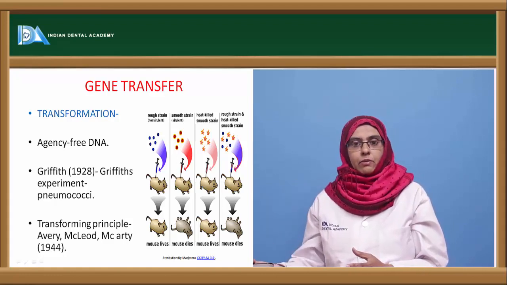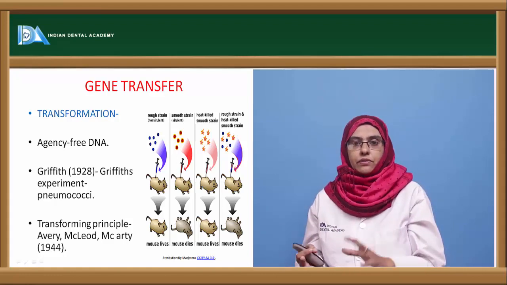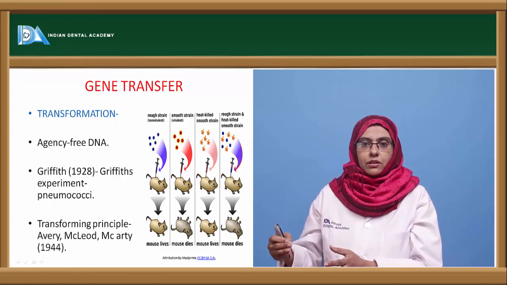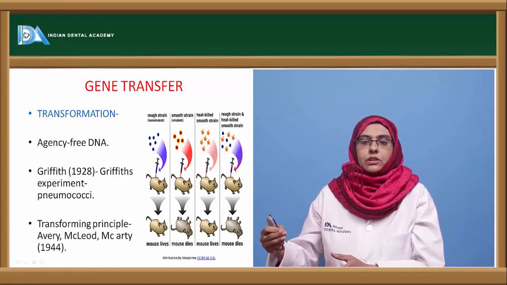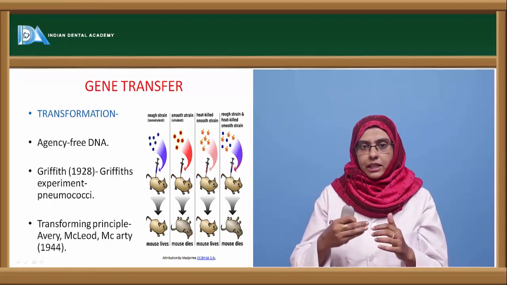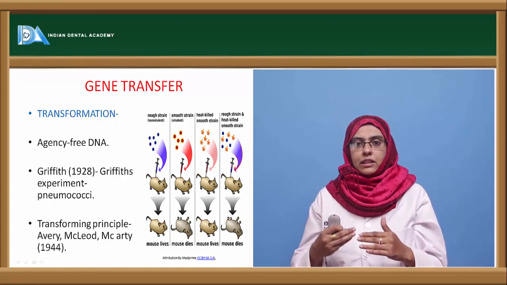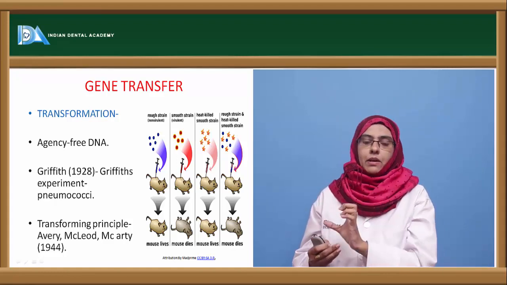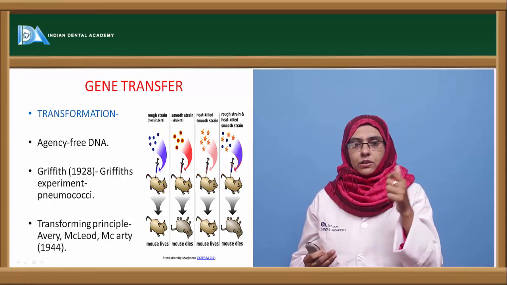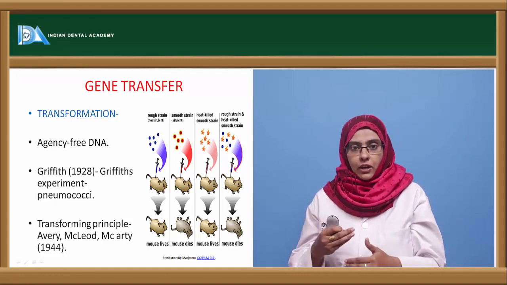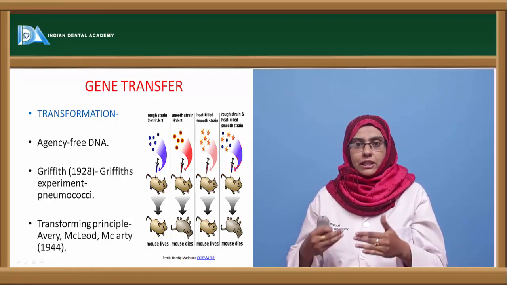In the next step, he made a mixture of 2R strains and heat killed 3S strain and injected it into the mice, and to his observation the mice died. When he isolated the organisms from the dead mice, he saw organisms of the 3S type, even though what he had injected was 2R plus heat killed 3S strain. So the organism that was isolated was 3S type.